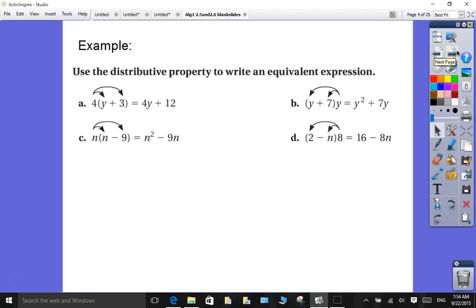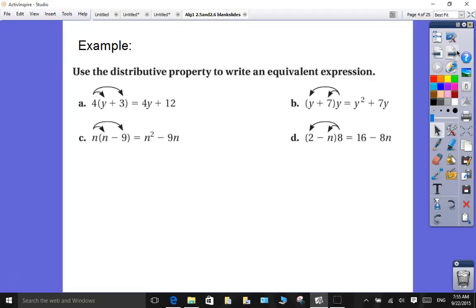Now, is anything in particular confusing here? The first one, 4 times y plus 3: 4y plus 4 times 3, which is 12. How about the b and c? When you're multiplying by a variable, are we clear that n times n is n squared?